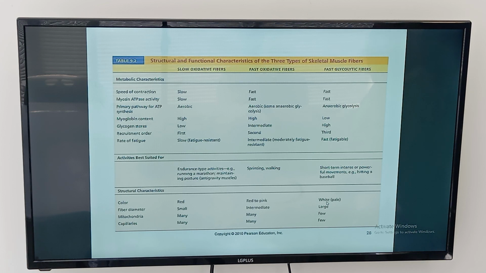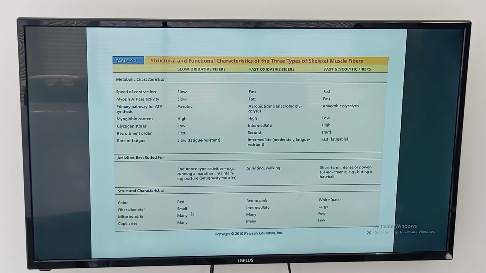Mitochondria. The content of mitochondria of each one, of course, since mitochondria is the powerhouse of the cell, we're going to look at the content of it in each one.